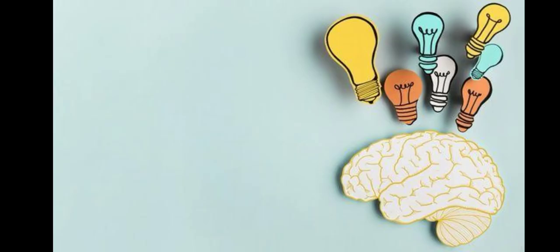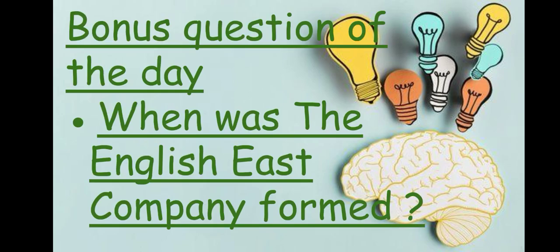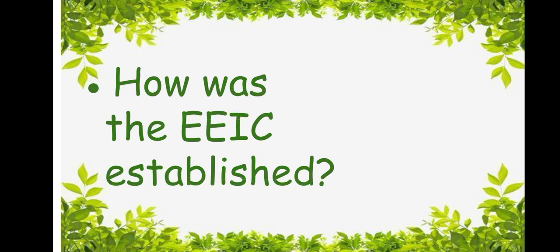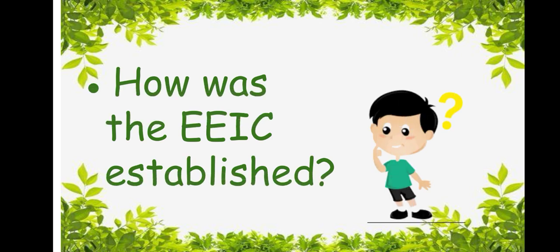Now, moving further. Oh, here comes the bonus question of the day. Now, tell me, when was the East India Company formed? You need to take the correct answer. Okay, moving further. How was the EEIC established?